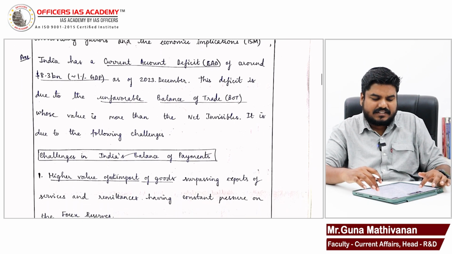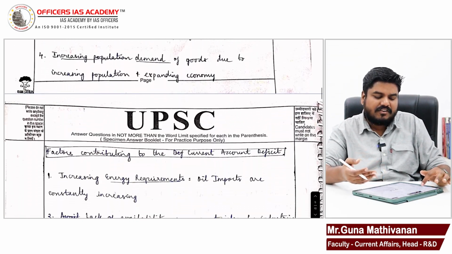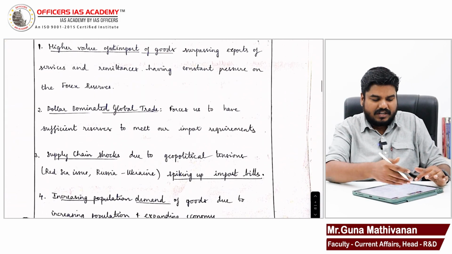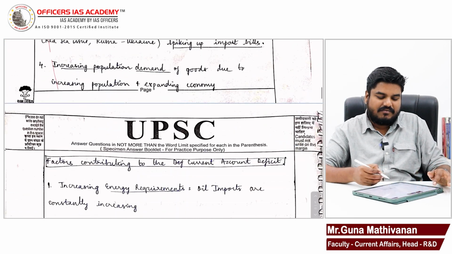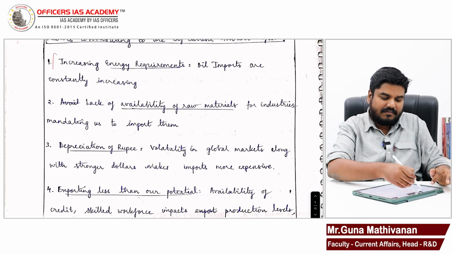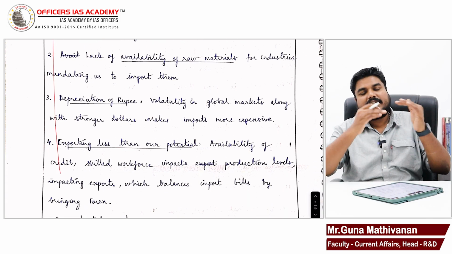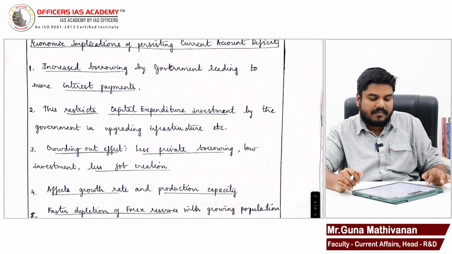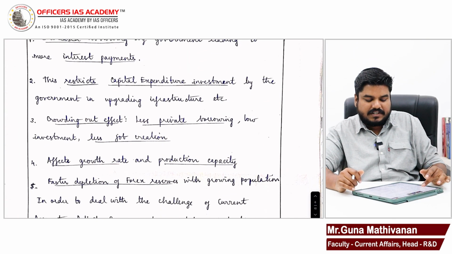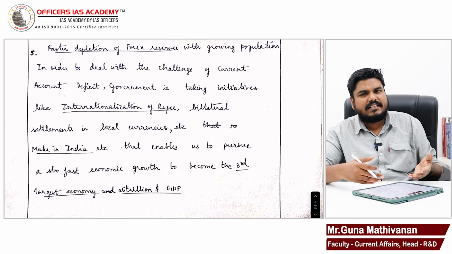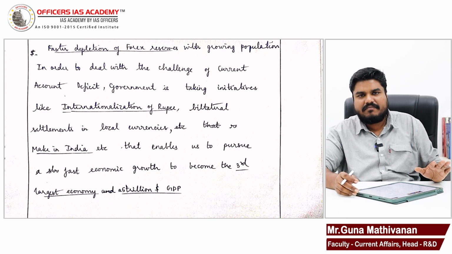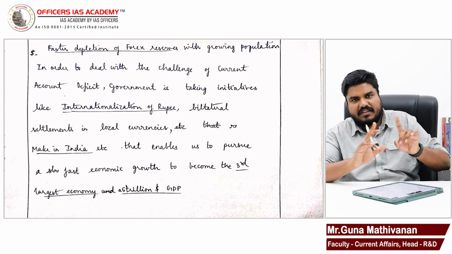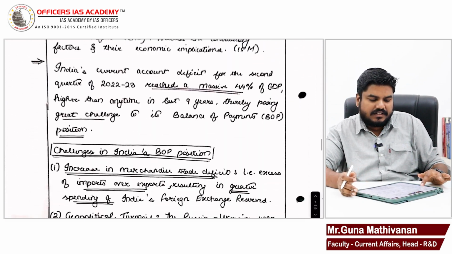The answer is neat, the introduction is neat. The challenges and the factors you have mentioned, whatever points you have given, are neat. But subheadings can be slightly altered. That is the only thing I wanted to highlight. Economic implications are also fine. I will attach it so others can also go through the answer. Please take the model answer as a framework and compare.